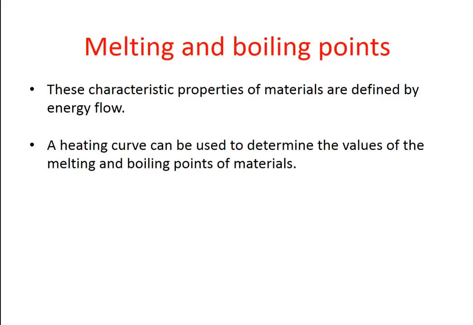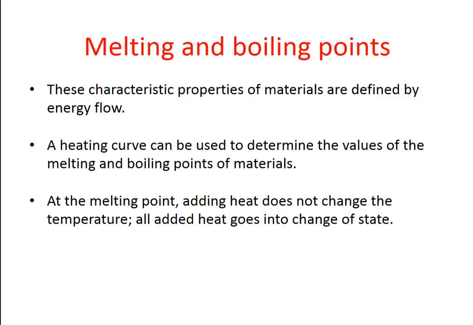So a heating curve can be used to determine the values of the melting and boiling points of materials. We will see how. Now, when you are heating up something, you start from solid, like ice, and then you reach the melting point. Then it becomes liquid, and then you reach the boiling point, and then it becomes gas.